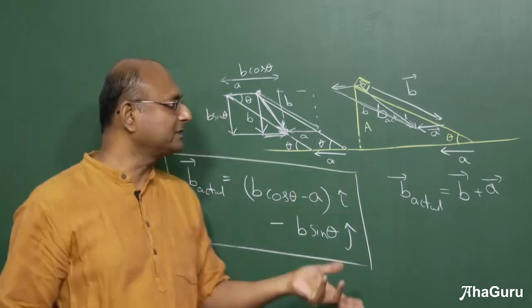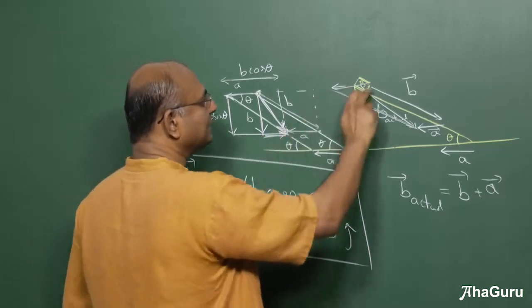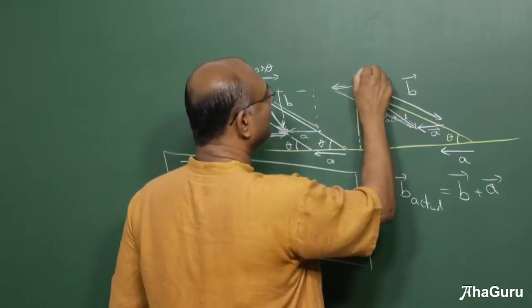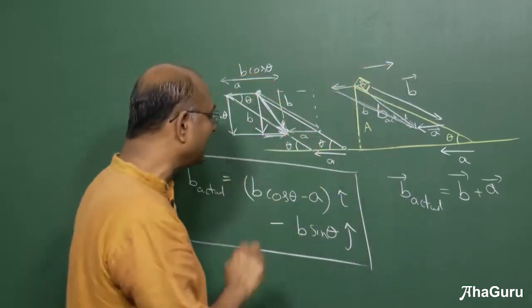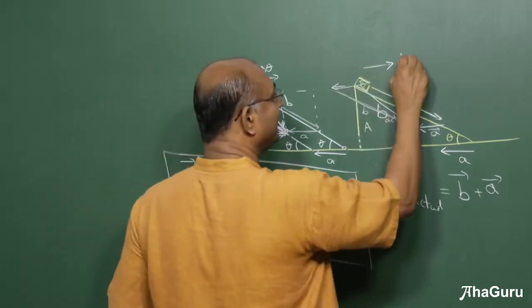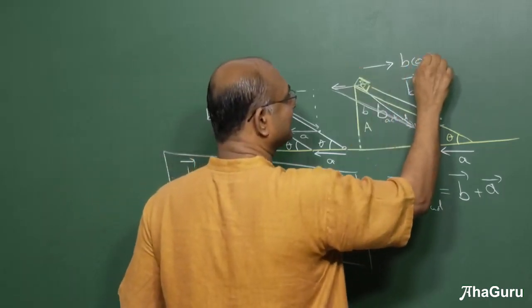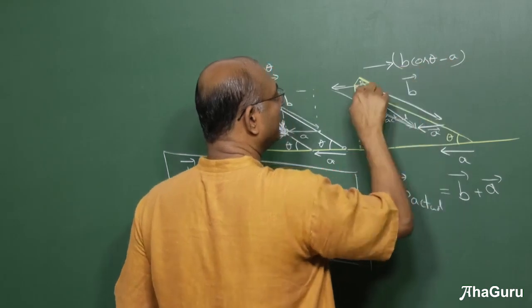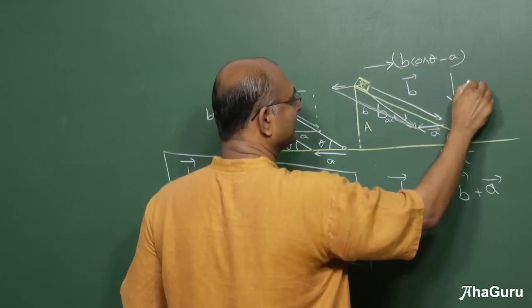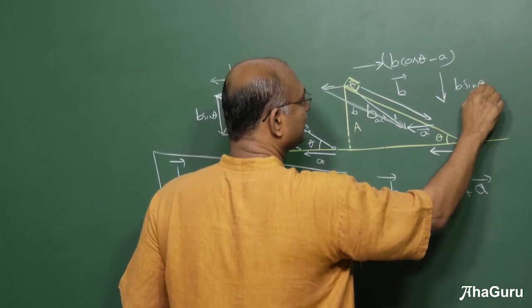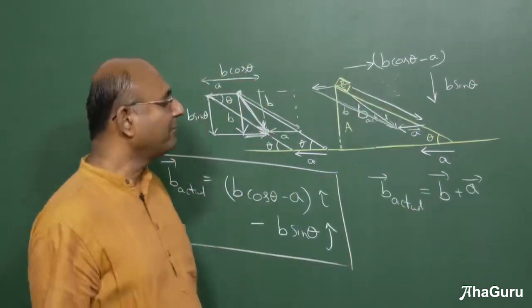This is vector notation, but usually I'll go back to this block and say the block has a horizontal acceleration, not B, but B cos theta minus A, and the block has a vertical acceleration, B sin theta, where B is this.